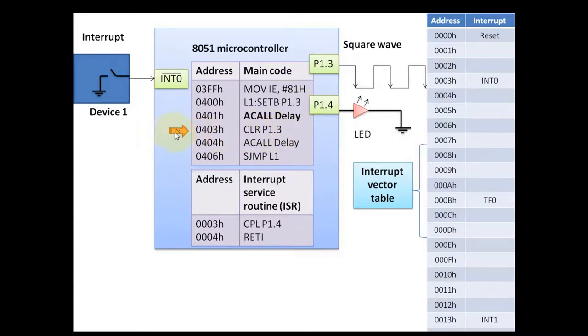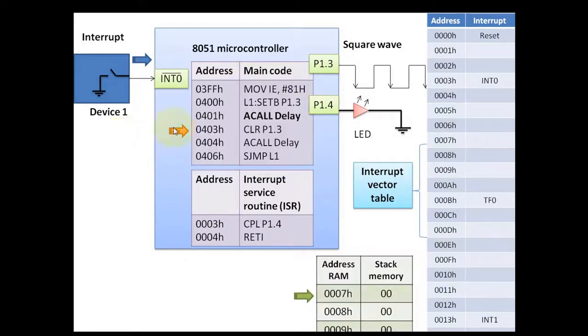When the PC, the program counter, is pointing to this particular instruction, and if an interrupt occurs, the current instruction gets executed completely by the 8051 microcontroller, and the next instruction, 0404, this particular address will get stored to the stack memory.